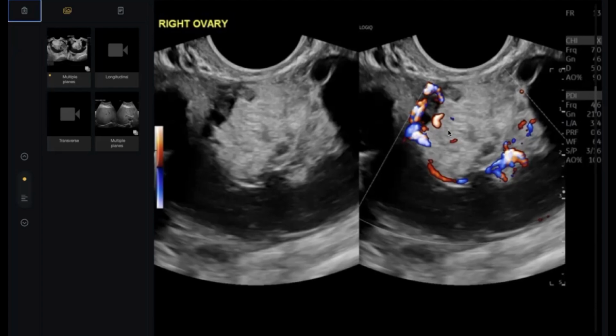Sorry, doctor, I'm not so familiar, but I believe it'll be a higher score because it has features of malignancy. Yes, so we will give it 4 or 5 O-RADS score.